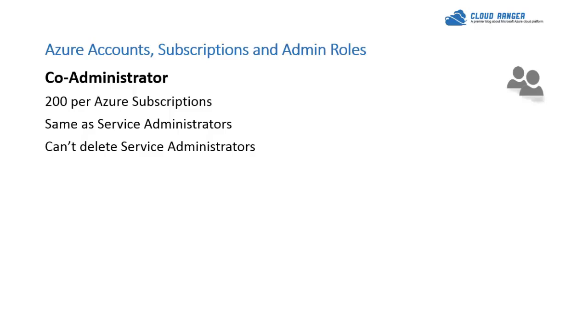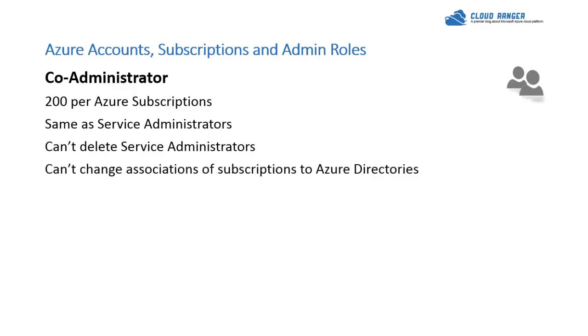And the other thing, I was a little hesitant to put this here, but this is important from an exam perspective, is that your co-administrators cannot change associations of subscriptions to Azure directories, which your service administrators can. We'll definitely get into details on what Azure directories are, but for now, remember that every subscription could be associated with Azure directories, and co-administrators are definitely not allowed to do that. And this is important when we talk about the directory.